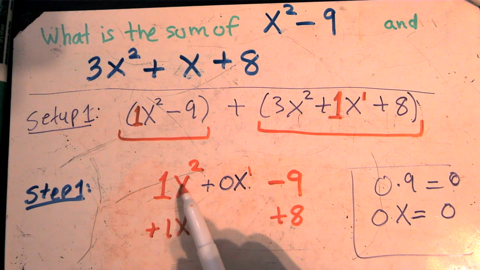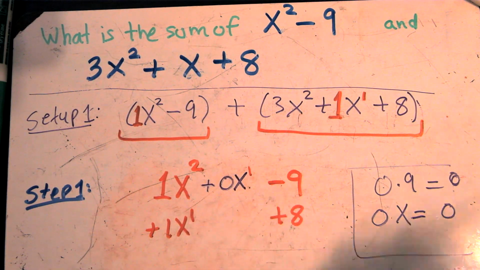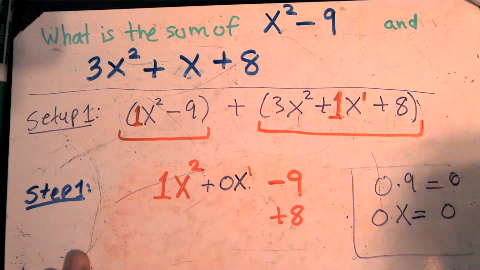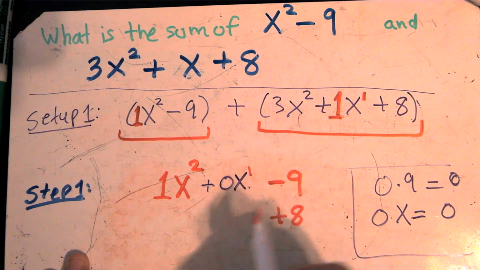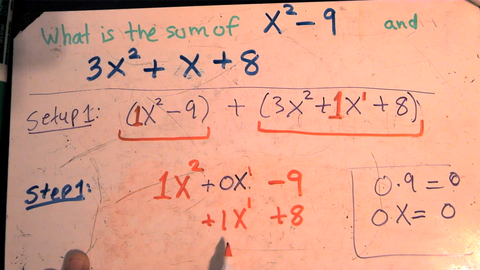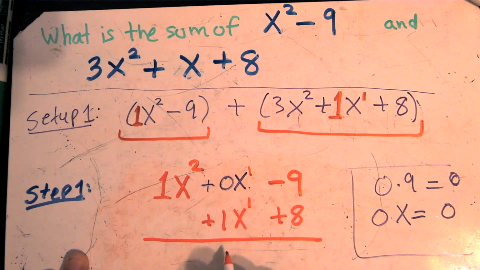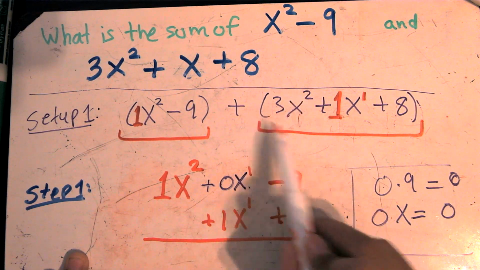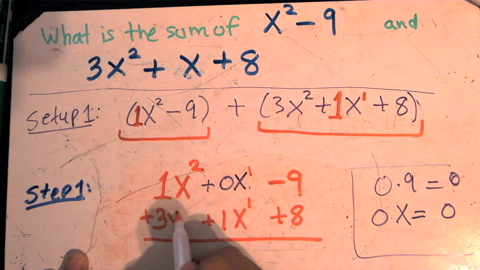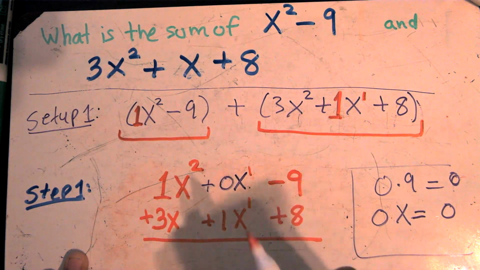Both have the same variable, but they have to have the same exponent in order for 2 terms to be like terms. So when we bring down that plus 1x to the first power, we're going to bring it down into the middle column, so they are underneath like terms. Then we have the positive 3x squared, and that's a positive, so I can add the positive there. When we don't see a sign in front of a number, we know it's positive.